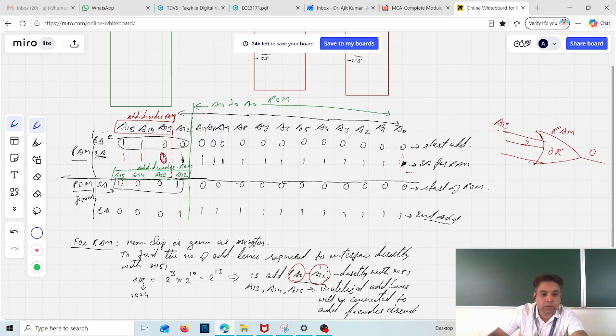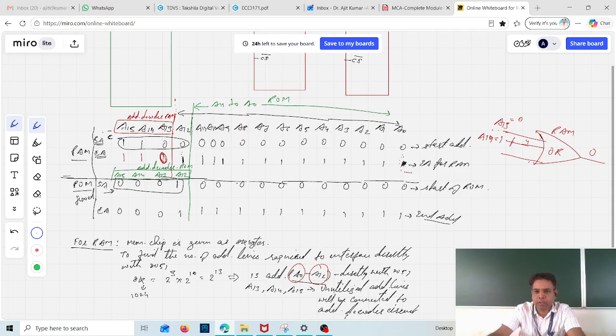From 13, 14, 15 we got this as fixed, no? They are inputs. So 110 is for the starting address also, and 110 is for the end address also. So A13 is zero, we will connect directly. A14 is 1. Now if this goes as input, then the output of the OR gate will become 1.